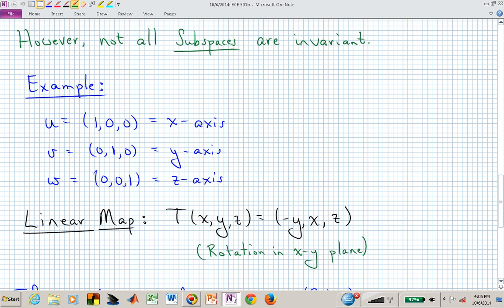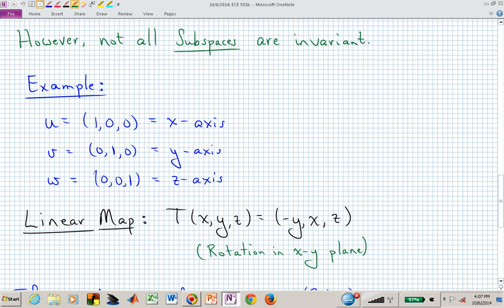But for this rotation linear map T, where we are now, if you wanted to just look at the plane and forget we could go up and down in the z direction, this linear map is simply rotating counterclockwise 90 degrees. We are taking the y vector and mapping that down to the negative x-axis. We're taking the component in the x direction and rotating that up on the y-axis. This is just a rotation counterclockwise of 90 degrees.